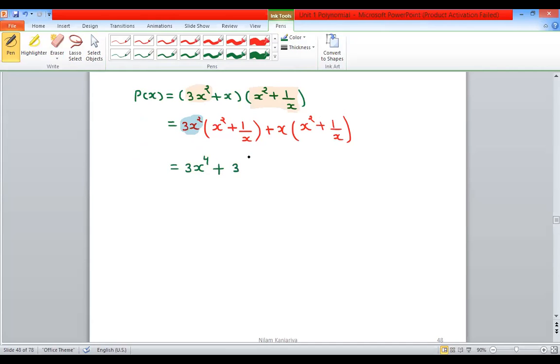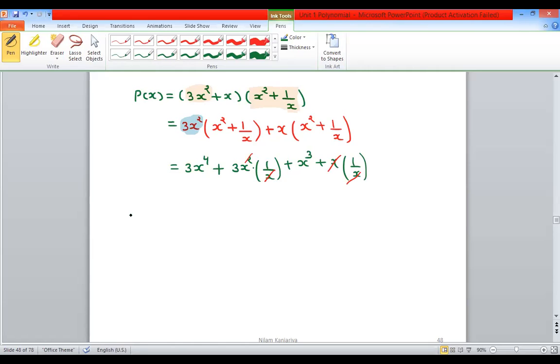It is 3x square into 1 by x as it is. Plus x multiplied by x square is x cube. And again this x multiplied by 1 upon x. Look, the same number is cancelled. x to x cancelled. Here x has a power 2, it has a 1 power, 1 power cancelled.